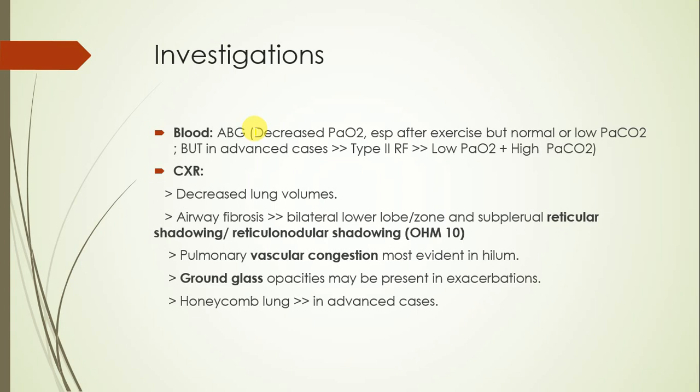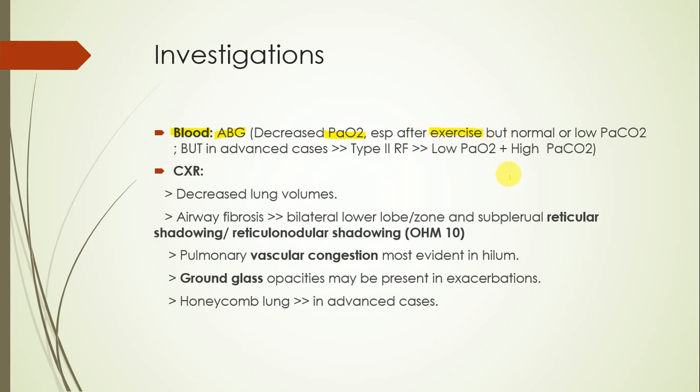So let's come to the investigations. Obviously, we start from the blood. As I said, the patient develops dyspnea due to decreased gaseous exchange. So if you do an arterial blood gas, you will find that the partial pressure of oxygen will be decreased, and this is more pronounced after exercise.